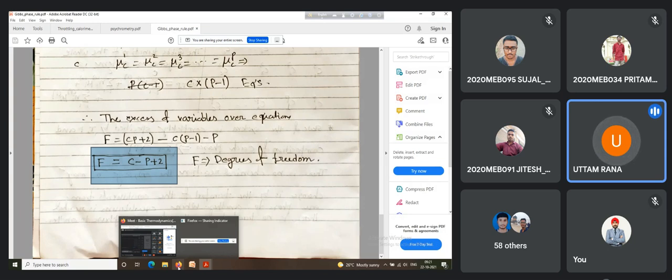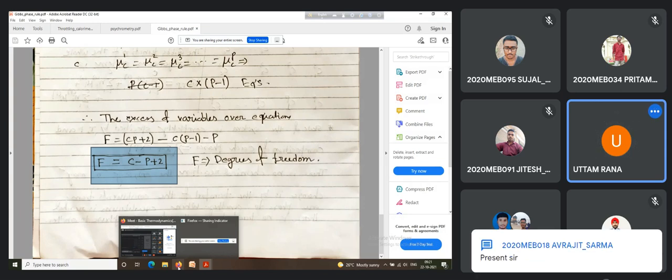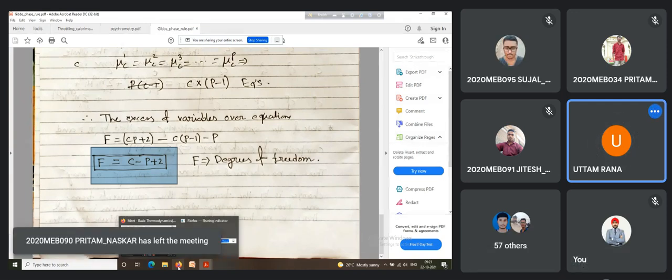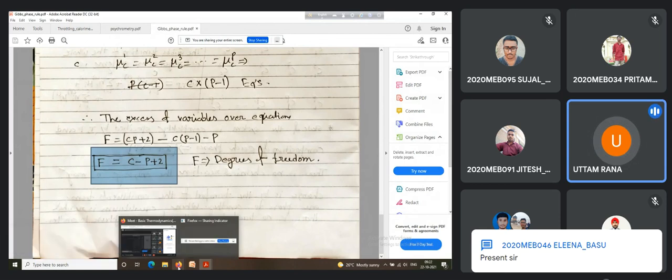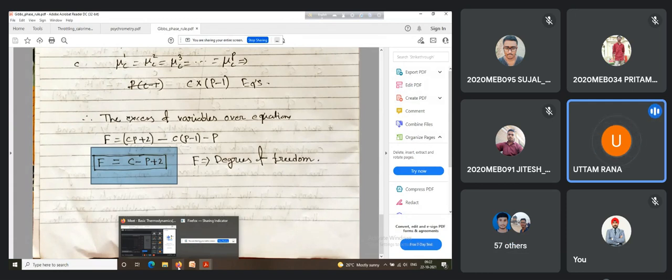Tell me, how many phases are there? Both are in the vapor phase, gaseous phase, right? It is not liquid or solid. It's a mixture of water vapor and air. So there is a single phase. Yes or no?